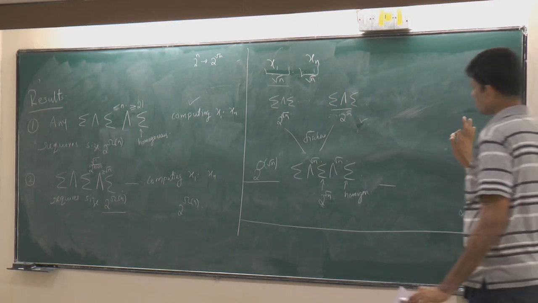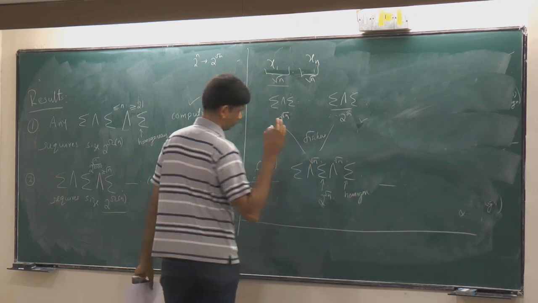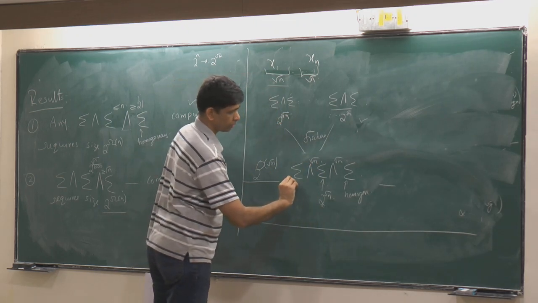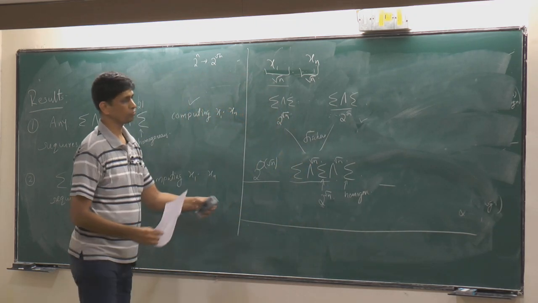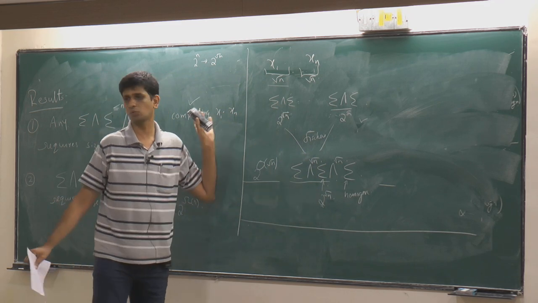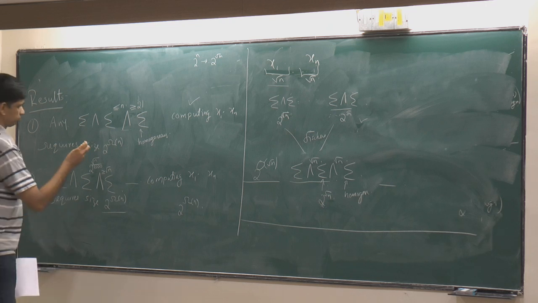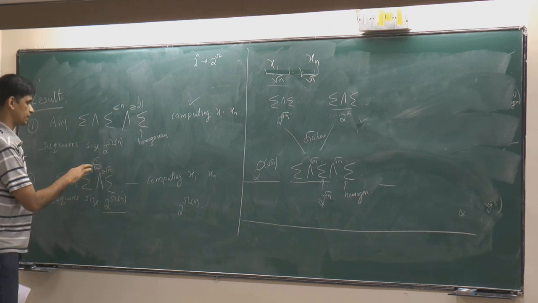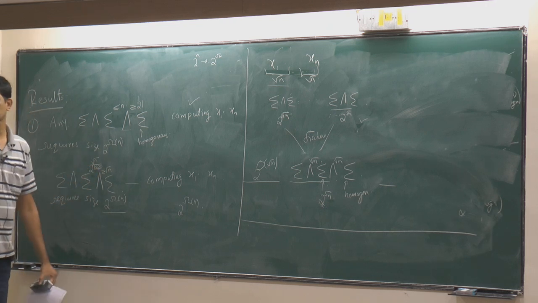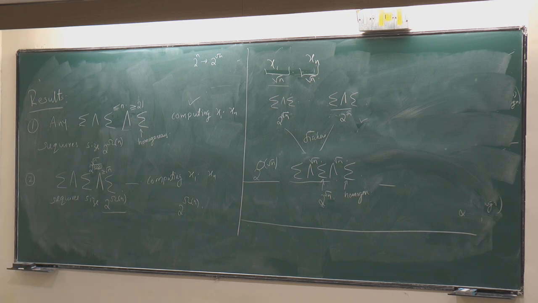However, I don't really know if this construction is tight, or I don't have any approach of obtaining a lower bound when the middle fan-in is say 2 to the root n. It could be that our constants could be tightened a bit, but still there seems to be a large constant sitting there.